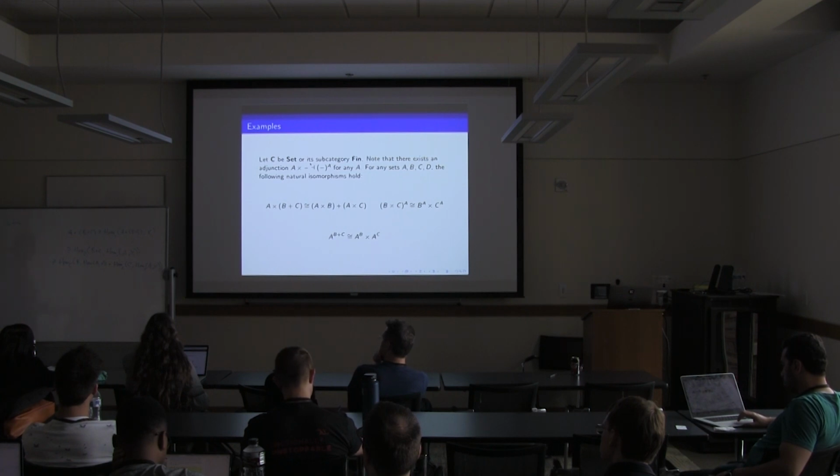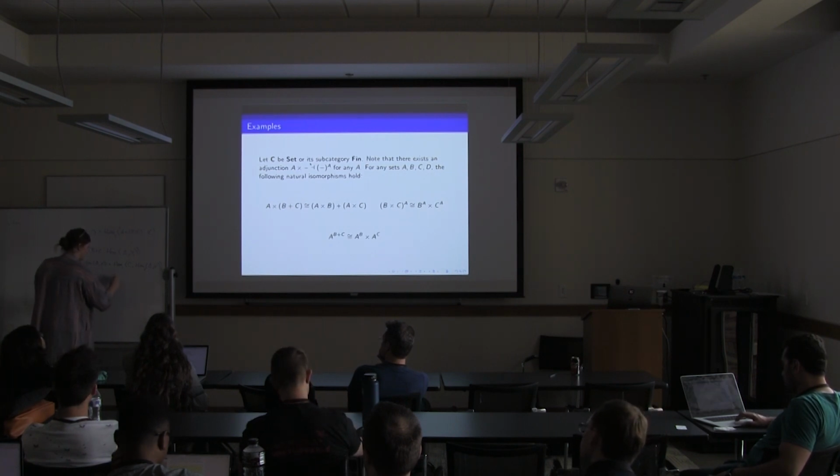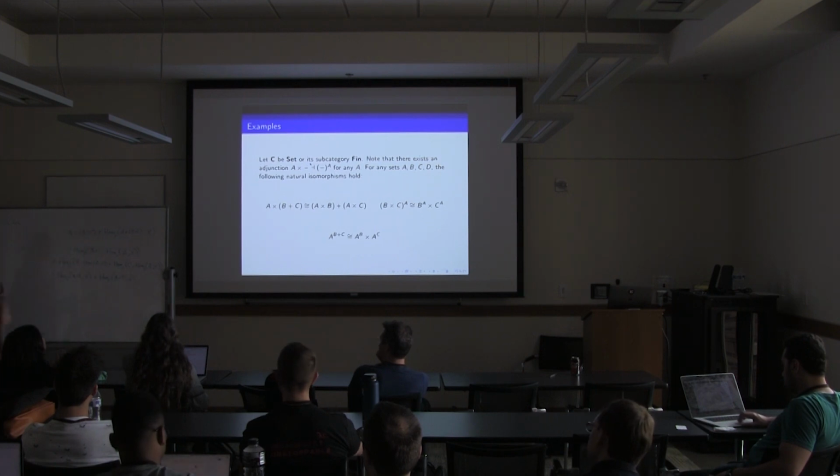Now where can we go from here? Yeah, we can curry. We can just do Hom of A cross B to X again, right? And Hom of A cross C to X. And we have one last step.